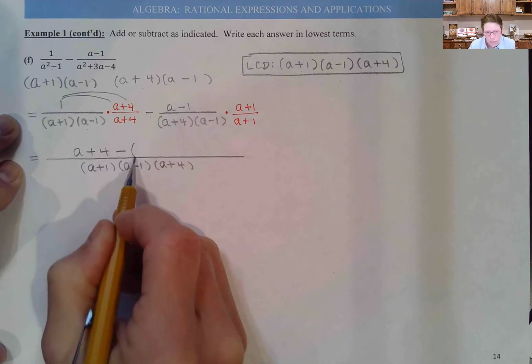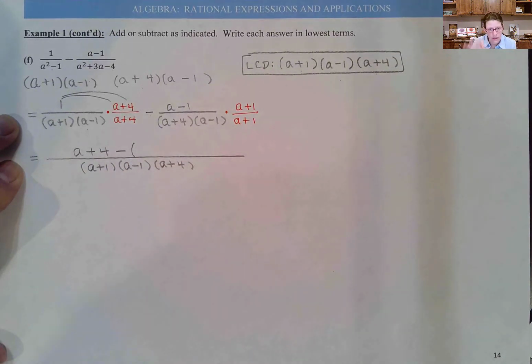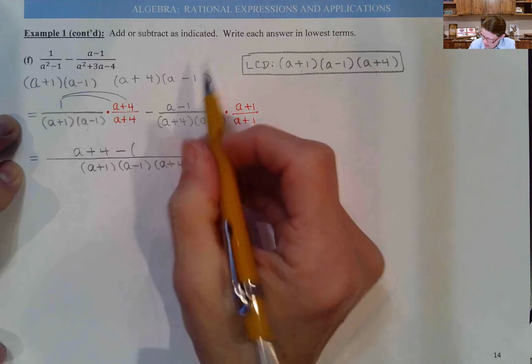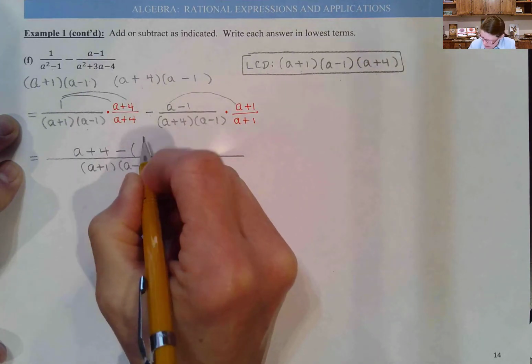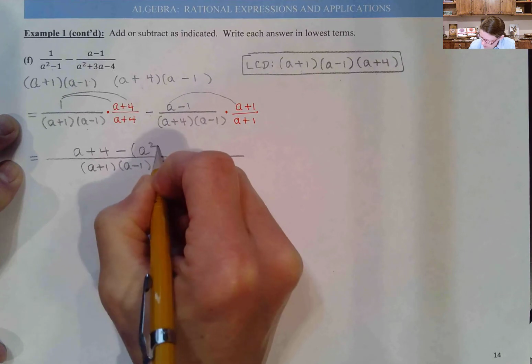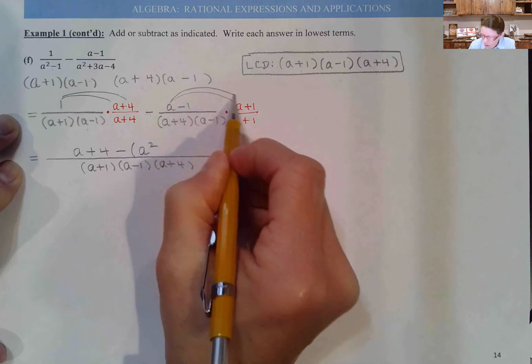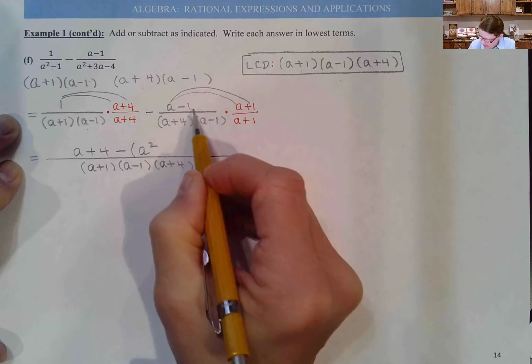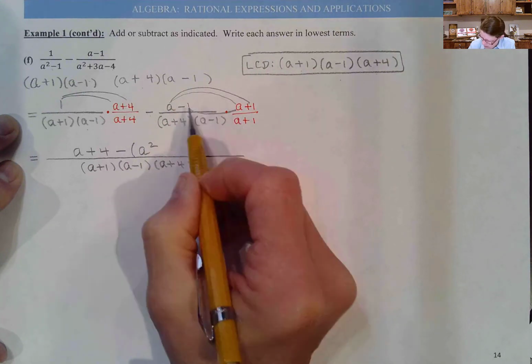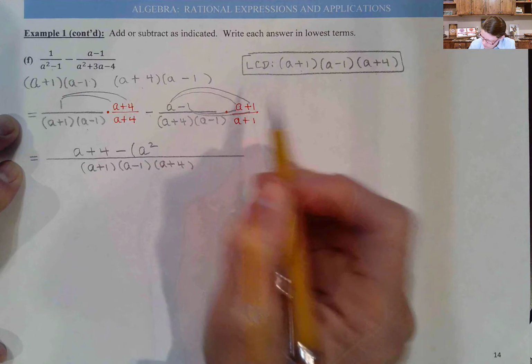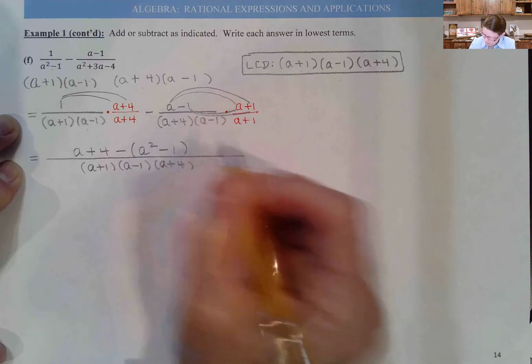So I'm going to open a parenthesis to tell myself to apply that negative symbol. Now as we multiply, using our FOIL method, a times a is a squared. Our outer product is plus a, the inner product is minus a, and those terms cancel out. Negative 1 times 1 is minus 1.